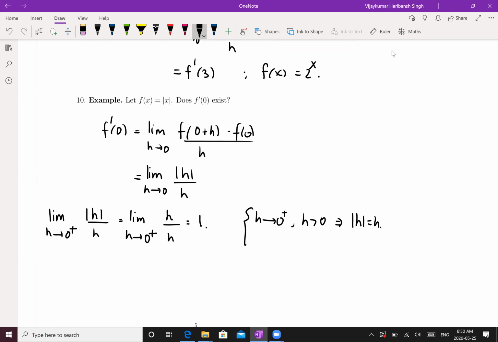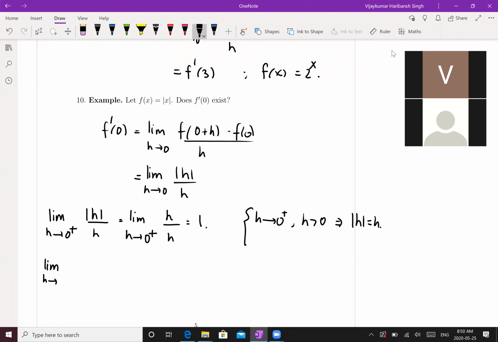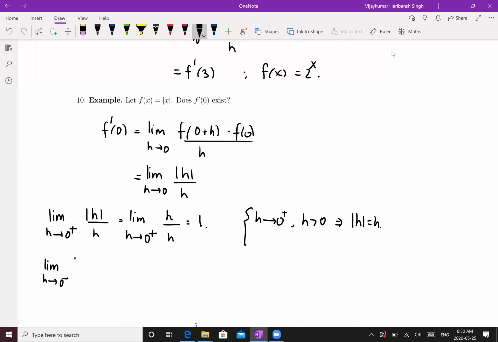Similarly, if you look at the left-hand limit, we get the absolute value of h over h. Now if h goes to 0 minus, that means h is less than 0. And this would imply the absolute value of h is minus h. So we get the limit as h goes to 0 minus of minus h over h. And when you cancel out the common factors, you get minus 1.